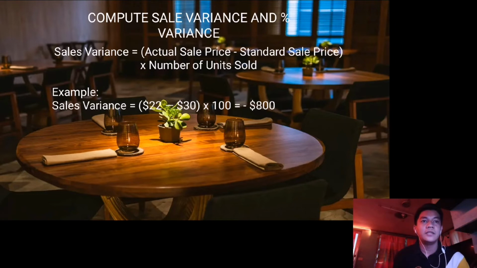This means the company brought in $800 less than anticipated from the sale of the plants. In this situation, the company reduced the price of their product to remain competitive, and although they were able to bring in sales using this method, this brought in less revenue than they originally hoped.